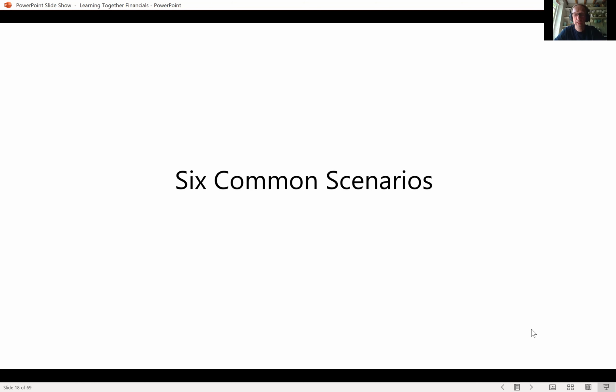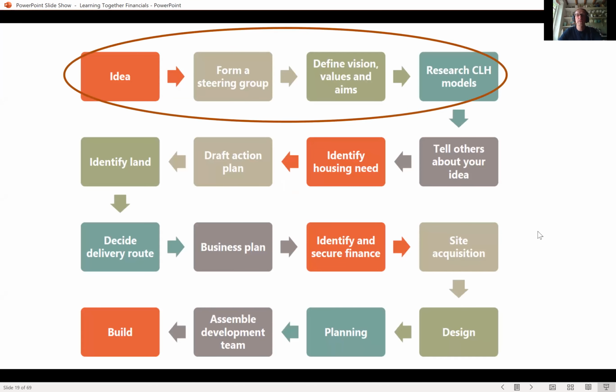So yeah, I'm going to go on now to talk about 6 common scenarios. And scenarios tend to emerge at the beginning of the project. It's what people want out of a project. And it comes around this idea of defining your vision, your values and aims.